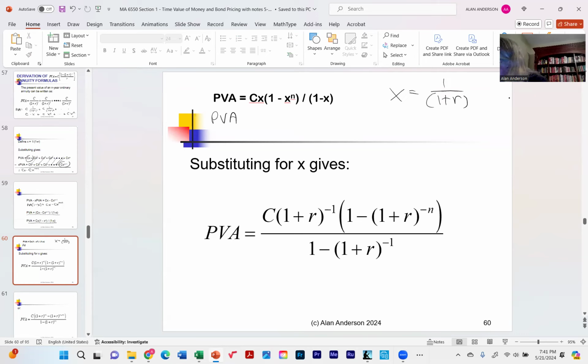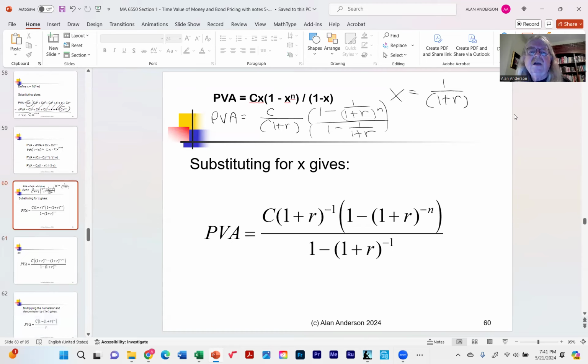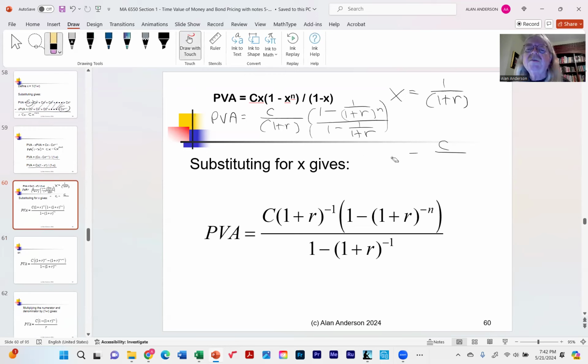So therefore, we have, now if I multiply through, you're going to get, actually, I'm going to leave the c outside the parentheses just because the final result needs c on the outside anyway. So let's try this.